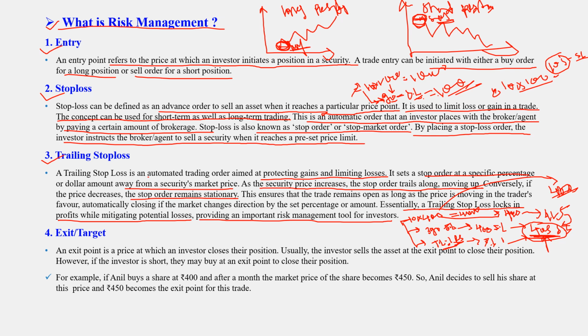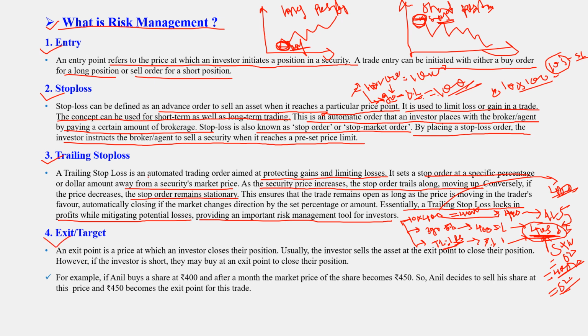We are not making more profit, but we are making some profit through the trailing stop loss. At this stage we make 5 rupees, and with a quantity of 10, this amount will be 50. So we are making 50 rupees profit through this trade. This is the trailing stop loss.